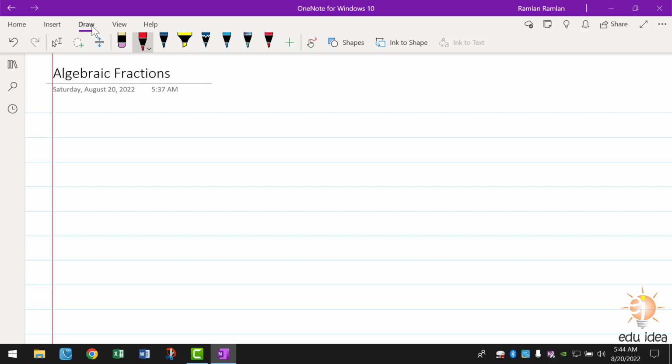For example, if I have 4 over 6, this can be simplified as 2 over 3, right? Both the numerator and the denominator are divisible by 2, or you can write it down like this, guys.